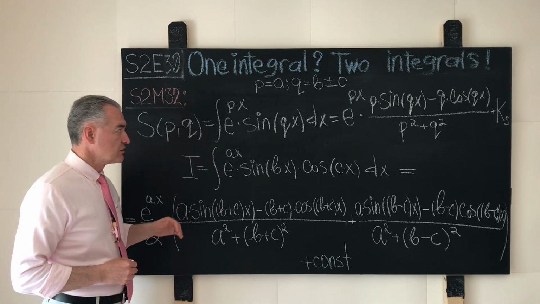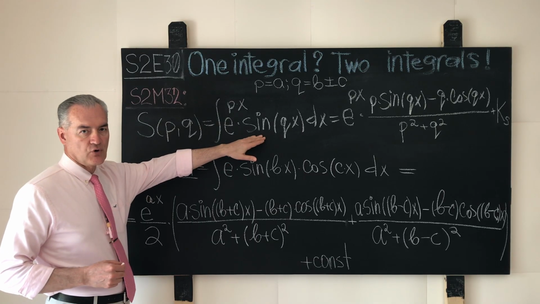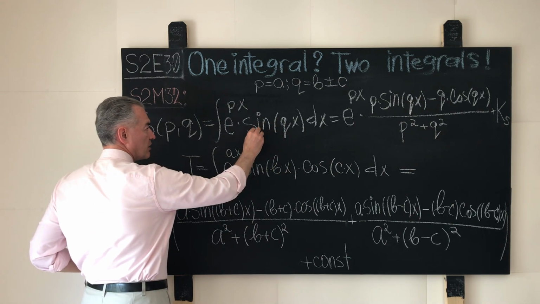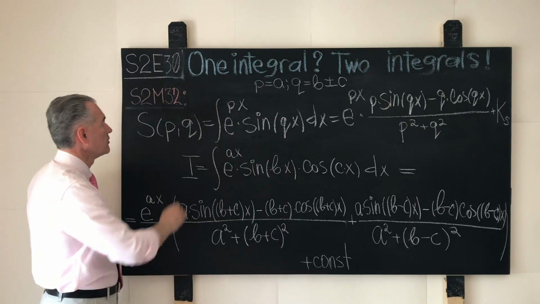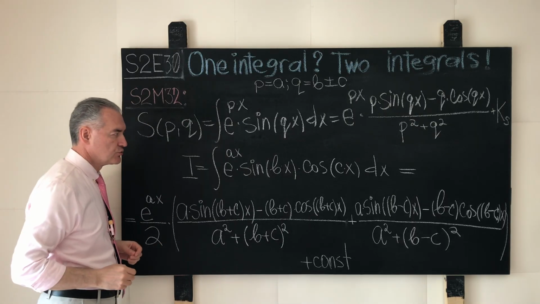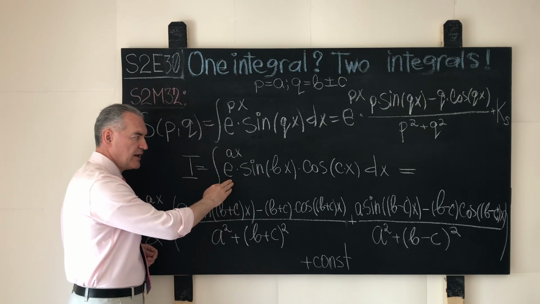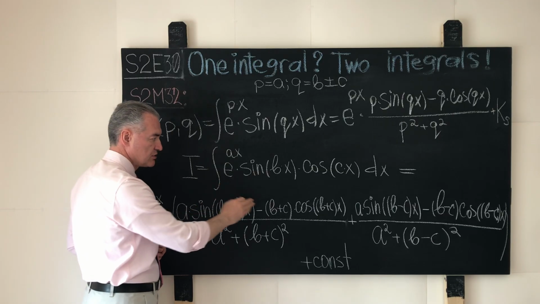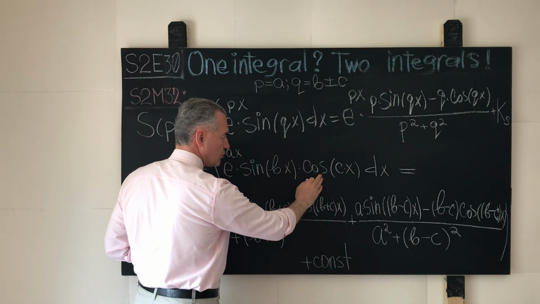Now that we know the value of the indefinite integral that contains the trigonometric function of sine in the integrand shown over here, we can complete the original computation and solve the original problem S2E30. Here is the original integral, which has as its integrand the product of three functions: the exponential function, the trigonometric function of sine and the trigonometric function of cosine.